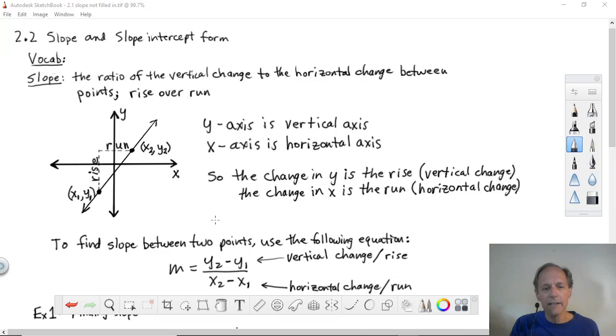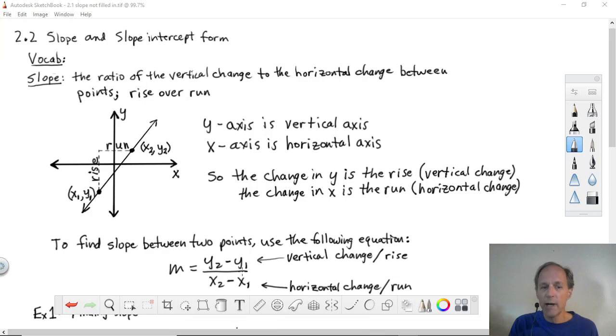And you can calculate that with this formula. Right here, to find the slope between 2 points, use the following equation. m, the symbol we usually use for slope, equals y sub 2 minus y sub 1 divided by x sub 2 minus x sub 1. Okay?